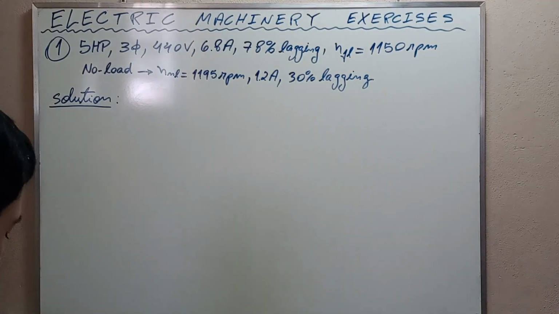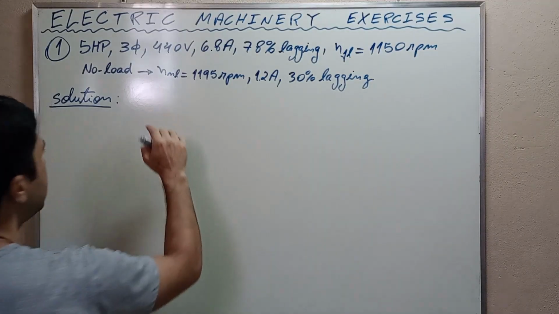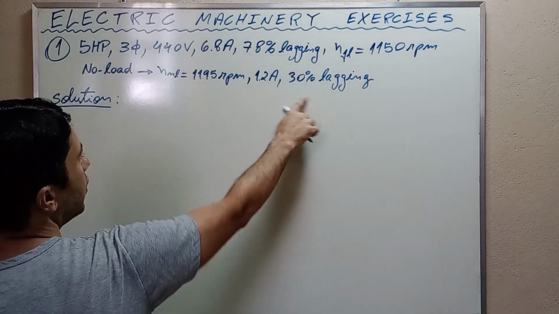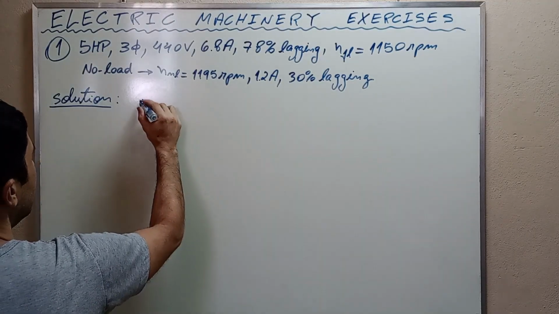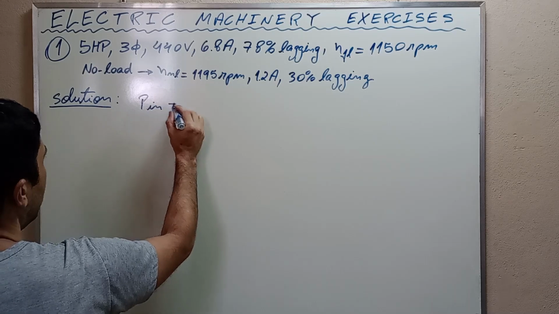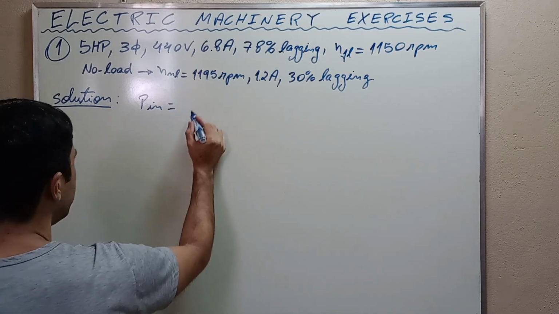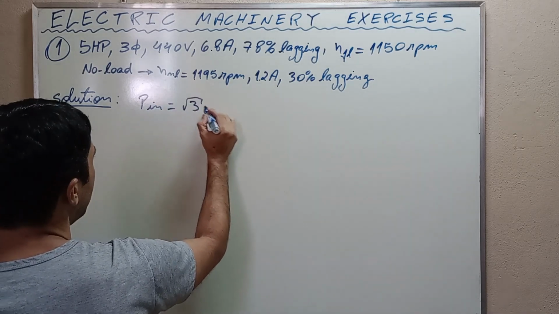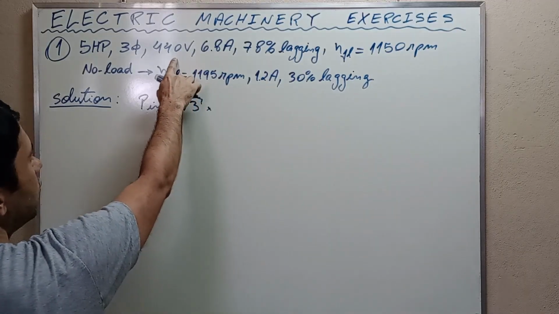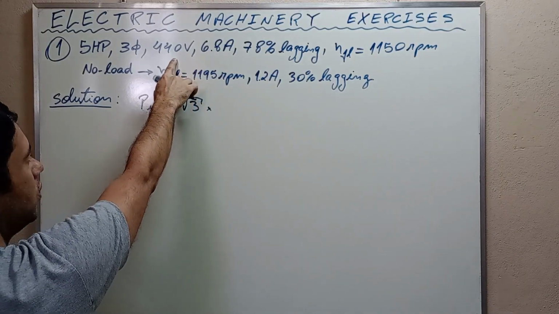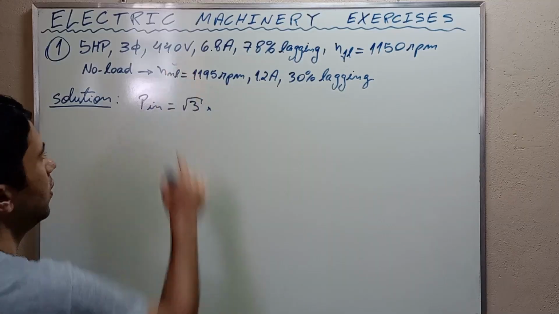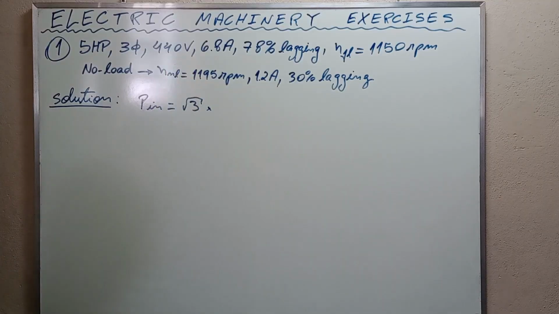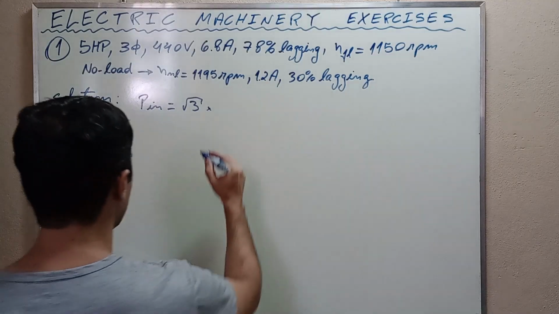Under no load conditions, we are going to consider this. The input power is going to be equal to the square root of 3 because we are working with line-to-line voltages. This is a line voltage, 440 volts RMS.